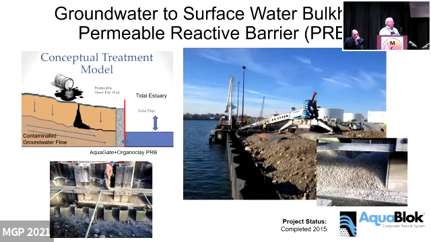So as you can see on the slide, this has been in place for a number of years and has performed very well. We did put this material through some pretty significant testing up at University of New Hampshire to verify that the material would remain permeable even when saturated with the contaminants.